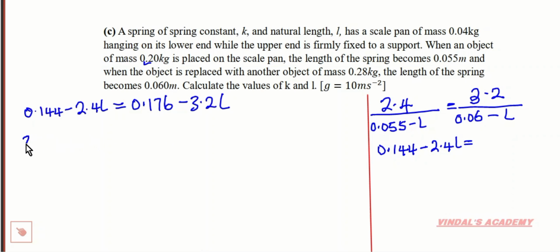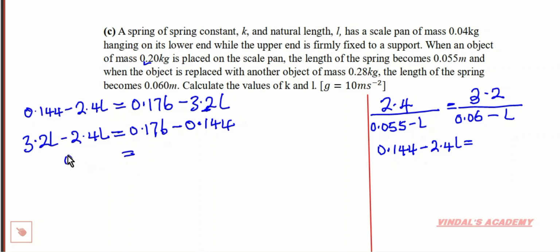So I will now do the needful. I'm going to have 3.2 L minus 2.4 L. That means carrying this particular value, bringing it over, it becomes positive. So this is going to be equal to 0.176 minus 0.144.